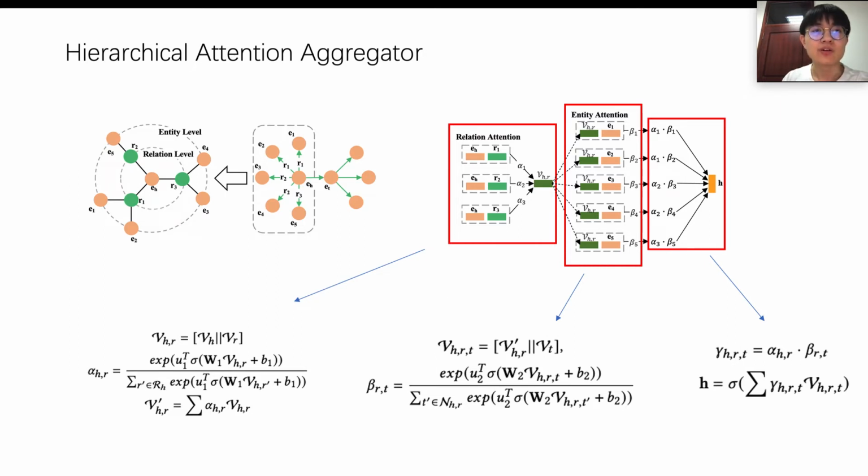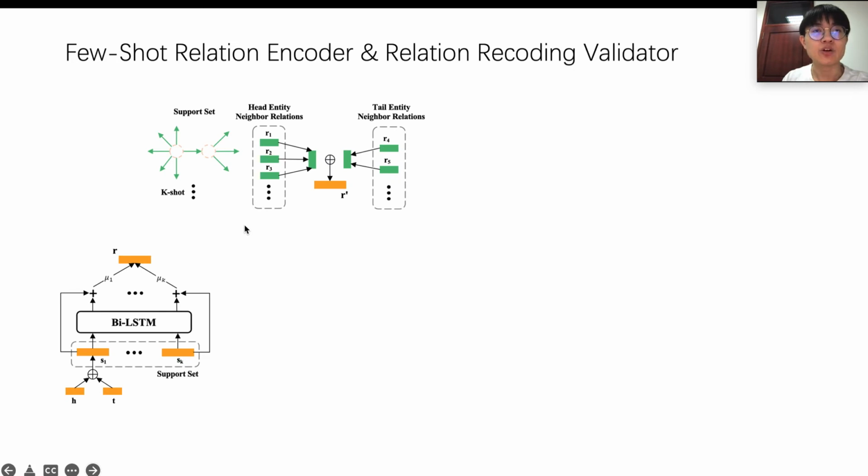And we aggregate neighbors by applying the triple level weight to obtain the final representation of the central entity, which is eH. With the above steps, we can encode the head and the tail entities of triples in the support set, respectively, to get their representations H and T. Then we concatenate them to get the embedding S of the entity pair.